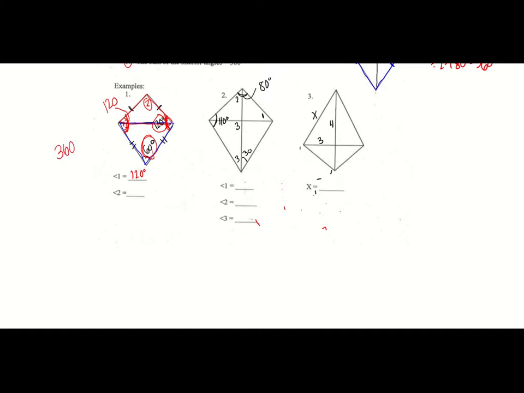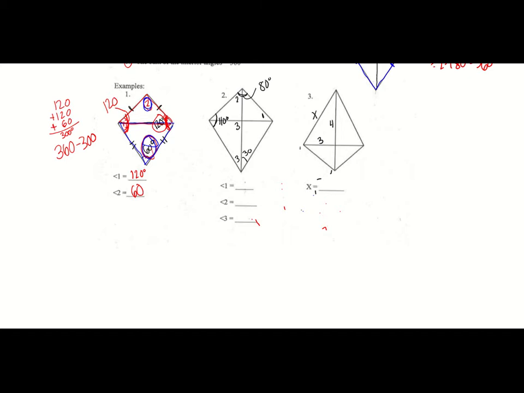So if we take 120 plus 120 plus 60, we get 300 degrees. Okay, in this instance, it turns out that we have 360 minus 300. We get angle 2 is 60 degrees. It just so happens that this angle is the same as this angle, but that is not always going to happen in a kite, okay?